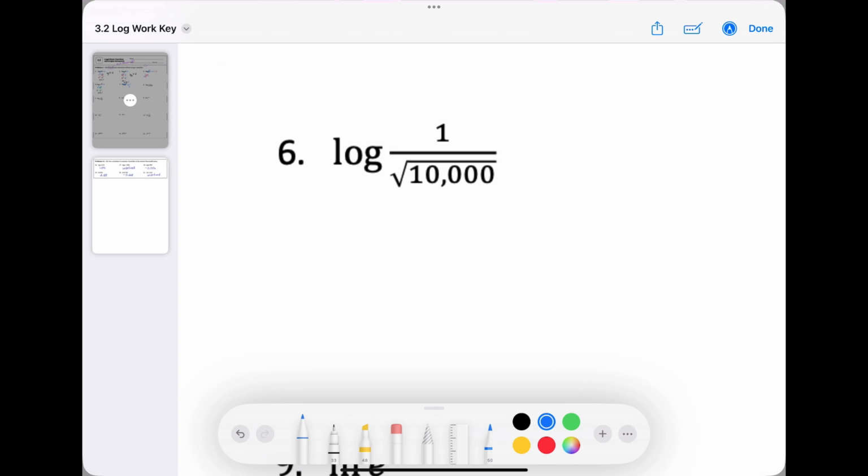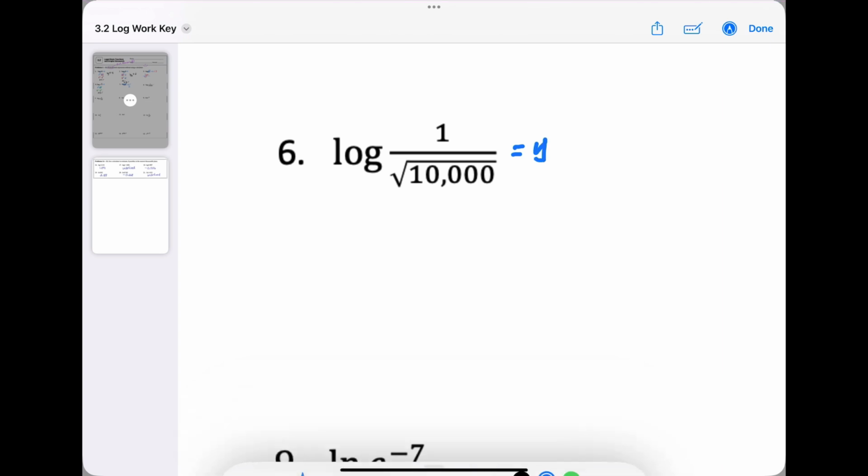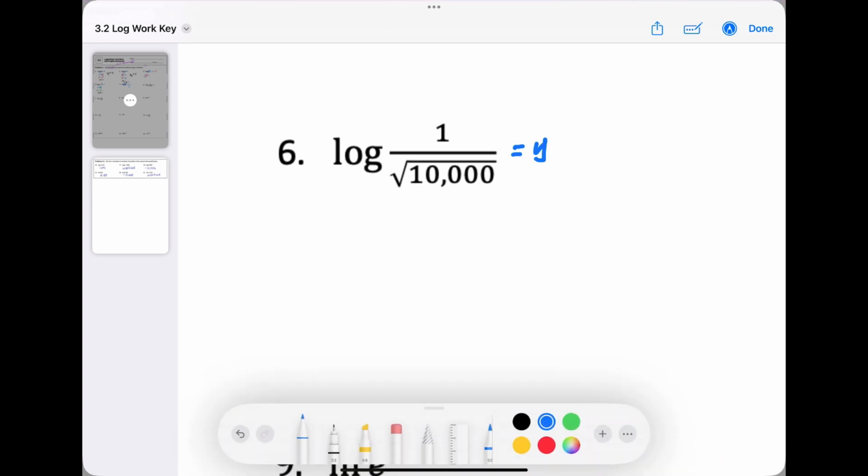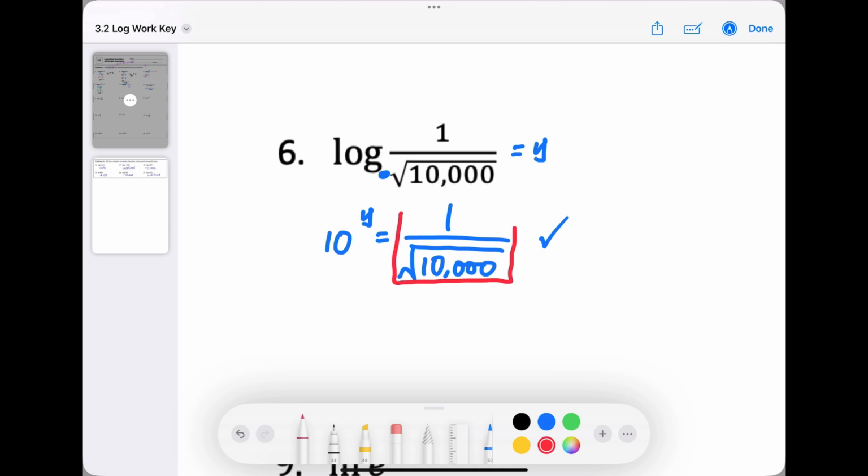All right, number 6 was a good one during classroom time. We say, hey, what we want to do is just step by step. So I pretend I know the answer is y. So log the base, if you do not see anything here, the base is 10. So 10 to the power y should equal this ugly number, 1 over square root 10,000. Good. Now, Ms. O said that I do not like a fraction.